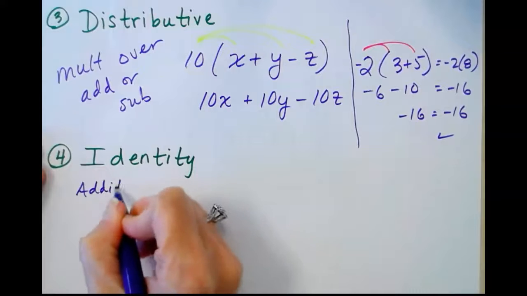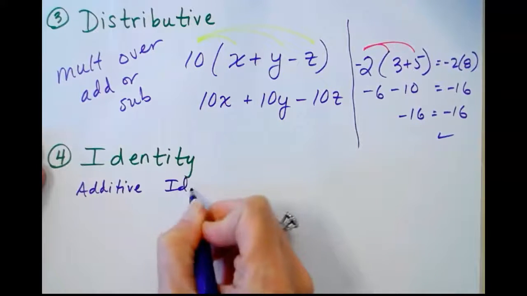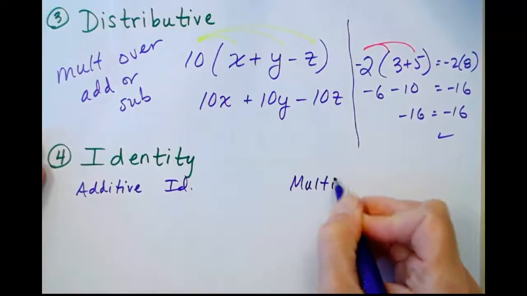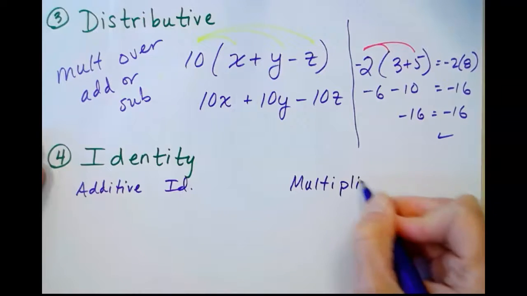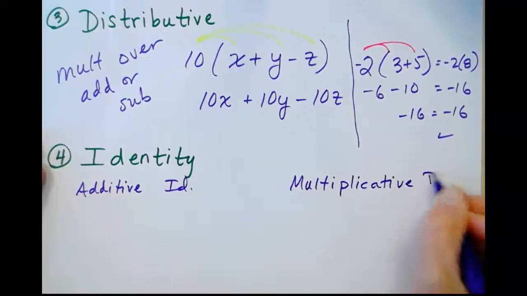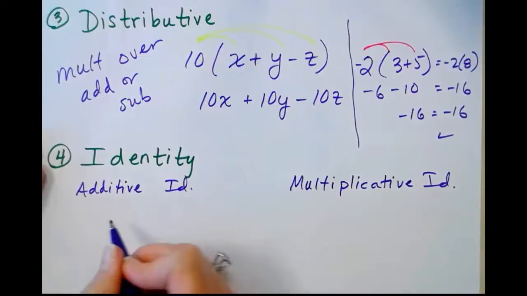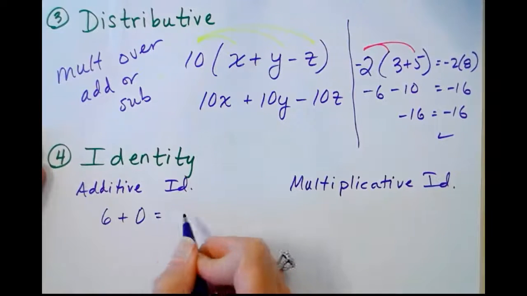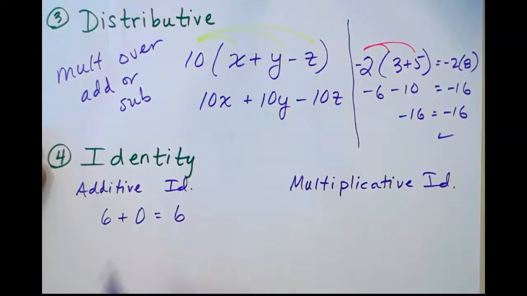We have the additive identity, and here comes the biggest word in math, the multiplicative identity. The additive identity is just 0. If I add 0, I don't change the value. So 6 plus 0 is 6. 6 plus x minus x is still 6. Why? Because x minus x goes to the identity, which is 0.